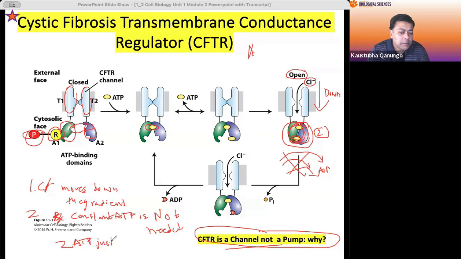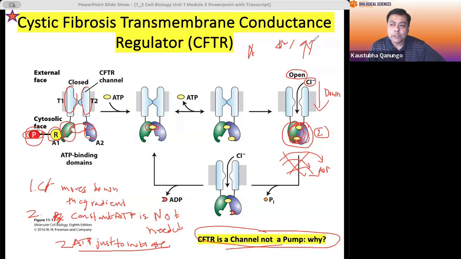Once you open the channel, it will remain open unless the signal is gone. That is the difference from the pump. When you saw the sodium-potassium pump, for each 3 sodium that you transport out and 2 potassium you bring in, each cycle requires an ATP hydrolysis. Here it is not each cycle.